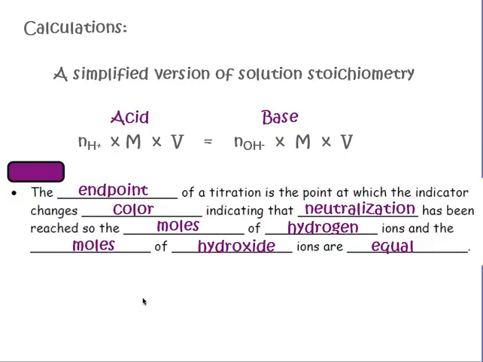And so as we cross the neutralization line, these indicators will change to a different color. And that's what we're looking for, is the change in color that takes place. When this color changes, we call that an endpoint. Endpoint, that's when the color changes from one to another. That lets us know that neutralization has been accomplished.